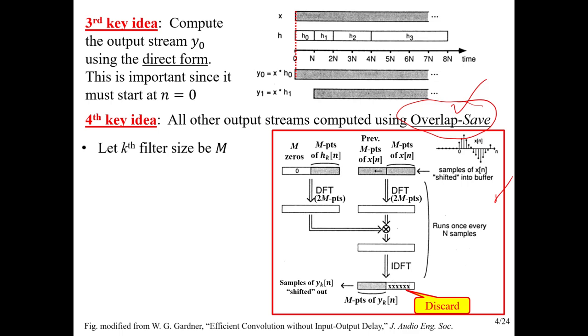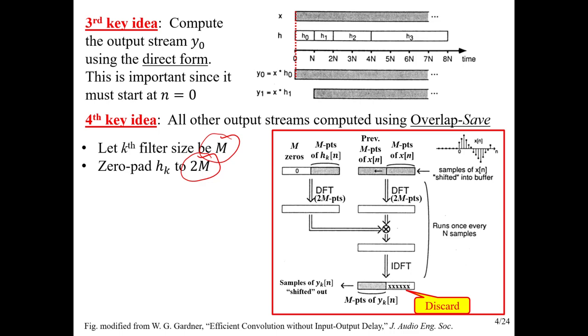So here's the idea. Let the kth filter, so h sub k, whatever it is, be size M. So M is now meaning either N or 2N or 4N or 8N, whatever. So let it be M, and we'll just write everything in terms of M, whatever M happens to be in terms of N. We're going to take that filter that is size M and zero pad it out to 2M.